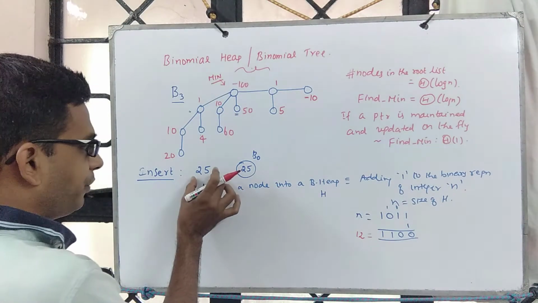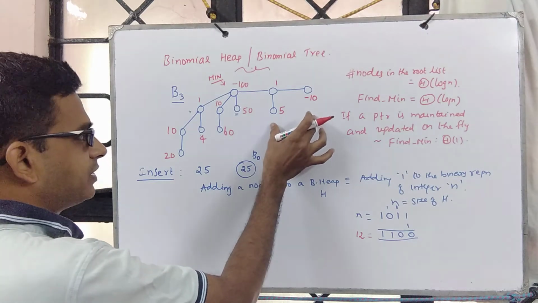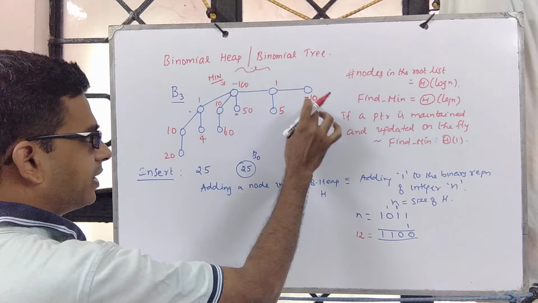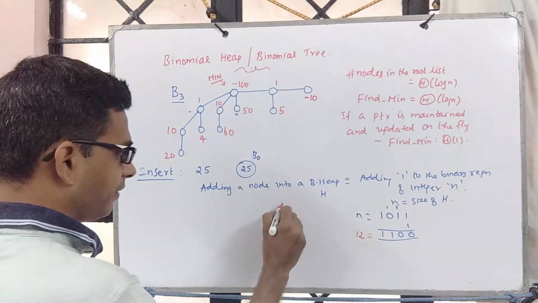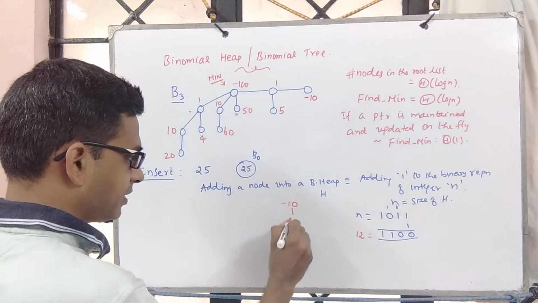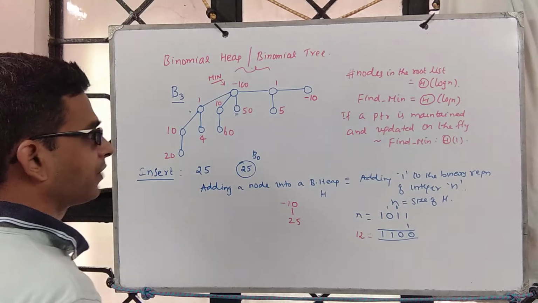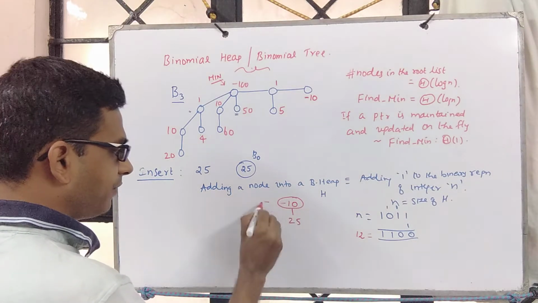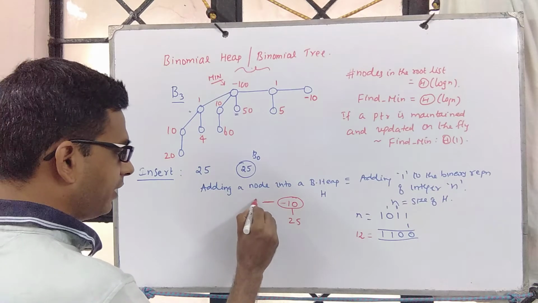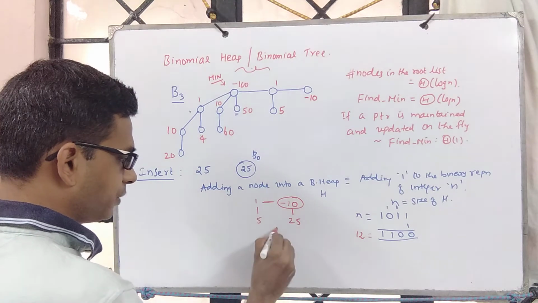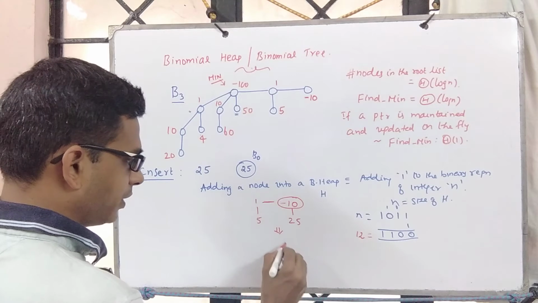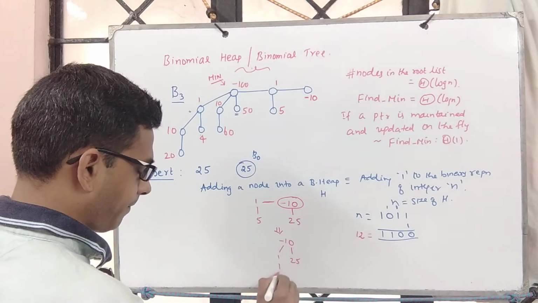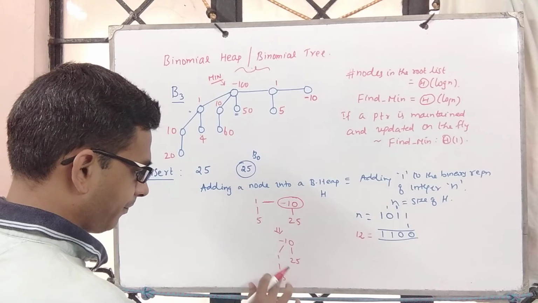Which means when 25 is added into this, and now you already have B0, so minus 10 and 25 will give you minus 10 and 25. Then subsequently you see that you have a copy of B1 which is 1 and 5, so you merge these two to get minus 10, 25, 1 and 5. Correct?